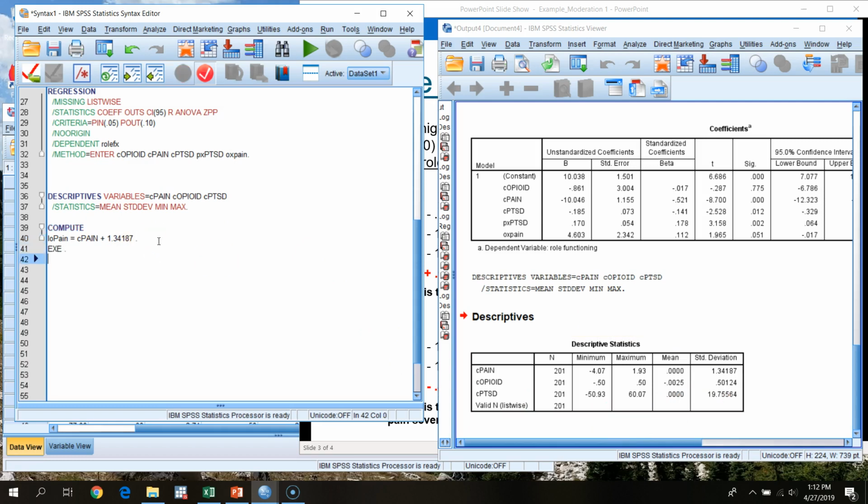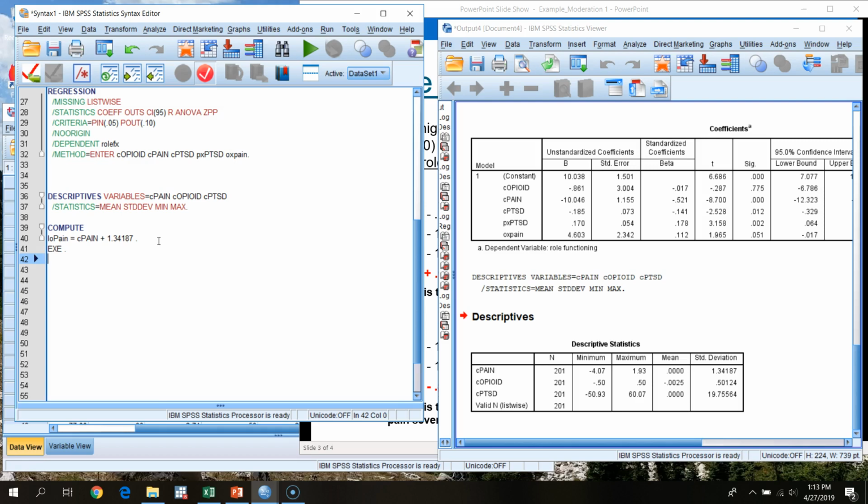Now remember what we're doing here. This seems counterintuitive, right? That we're adding a standard deviation to get low levels of pain. But remember, if I'm at average levels of pain, my score is 0 in my centered pain variable. But if we add a standard deviation to everybody in the set, now my value of 0, where I was at the mean, so my average levels, are now consistent with a value of 1.34, right?